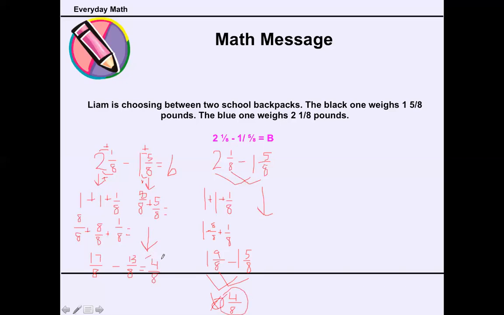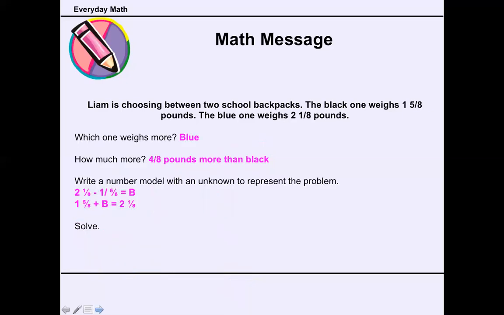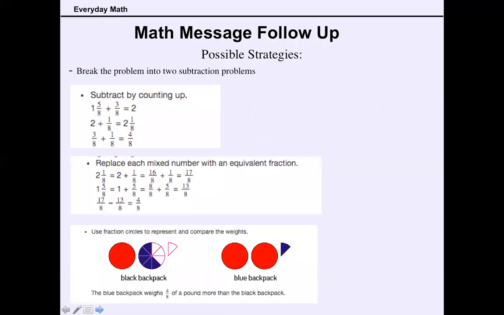So if I am turning the mixed numbers into equivalent fractions, or I'm decomposing the fractions, I'm still going to get the same answer, 4/8. Okay, so which one weighs more? The blue one. 4/8 pounds more than the black one, and then here are equations. So we can break it up.